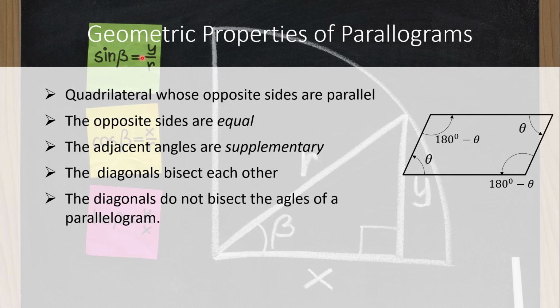So let's go over some of the properties of a parallelogram. First thing is, a parallelogram is a quadrilateral whose opposite sides are parallel, hence the word parallelogram. Also, the opposite sides are equal. As a consequence, as you can sort of see here, the adjacent angles are supplementary.